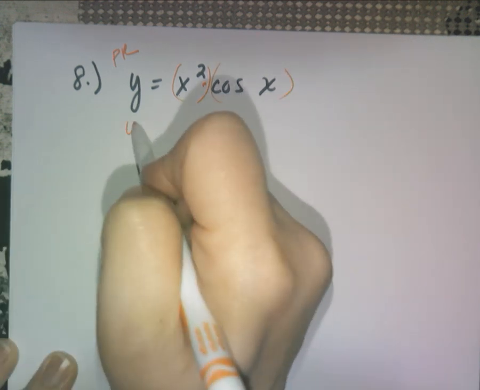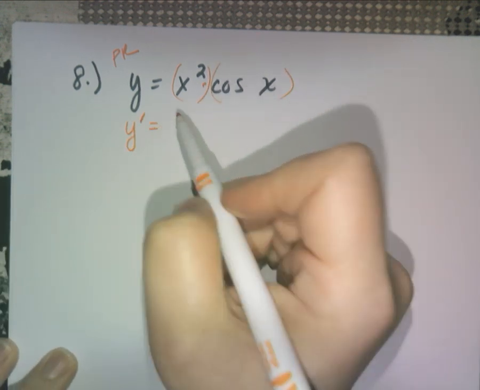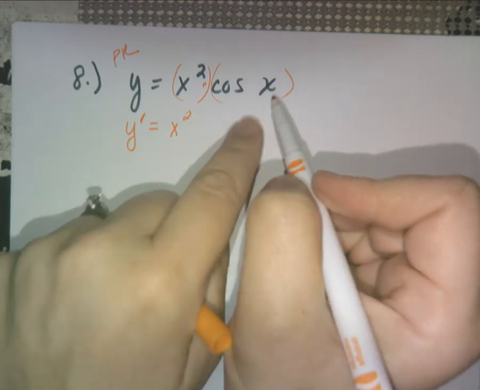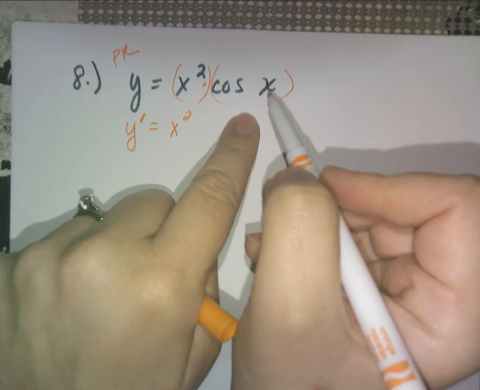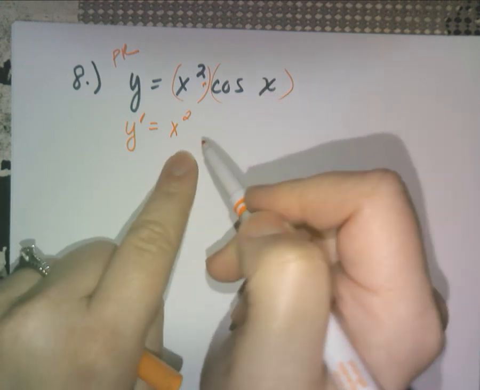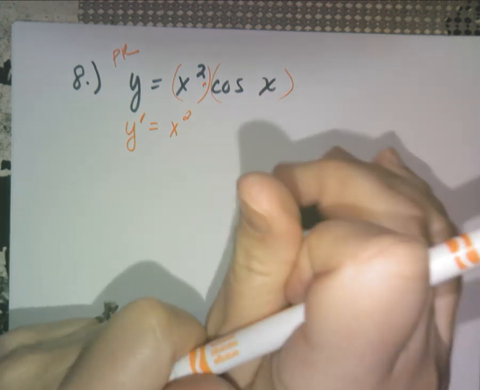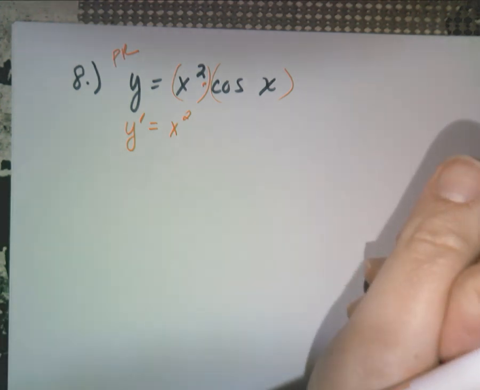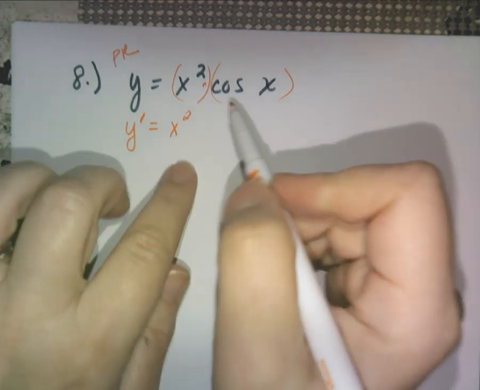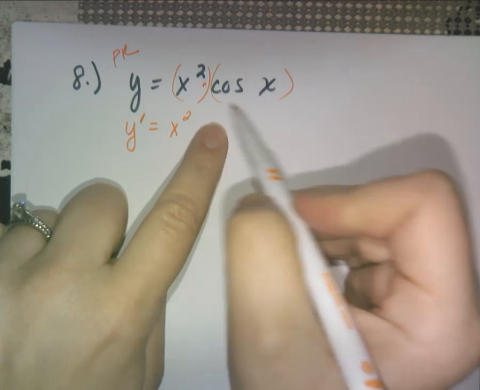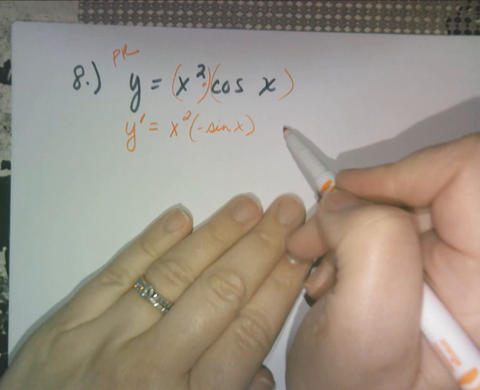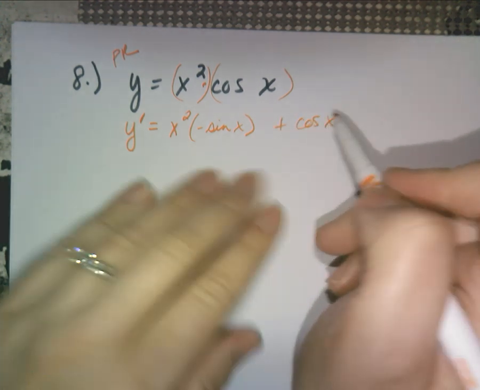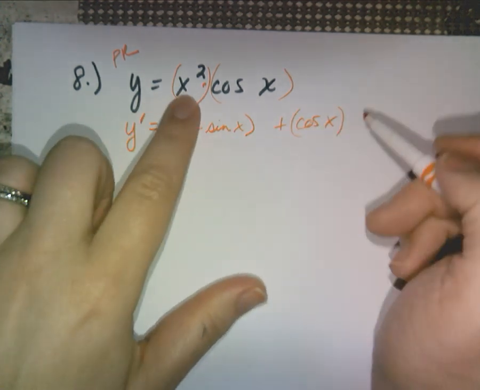And again, if you don't remember product rule, you should have it ingrained. It's first times the derivative of the second, which would be negative sine x, plus second times the derivative of the first, which is 2x.